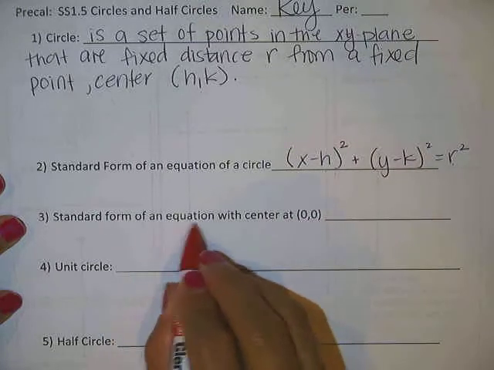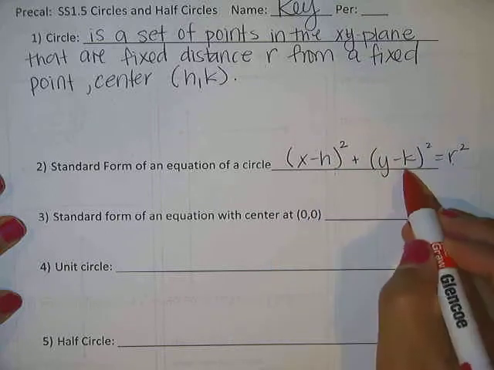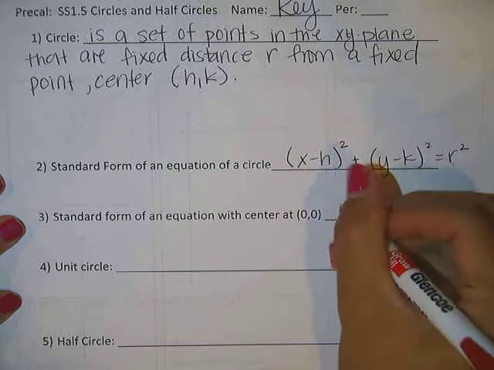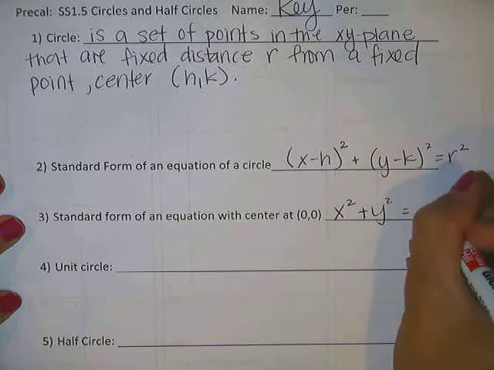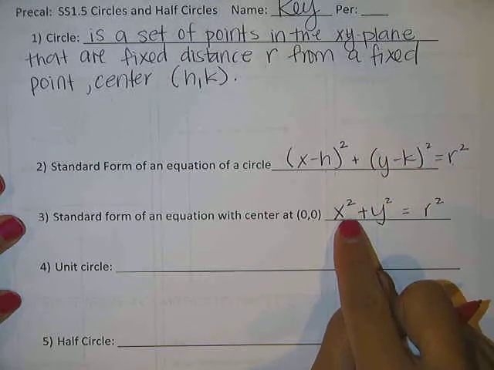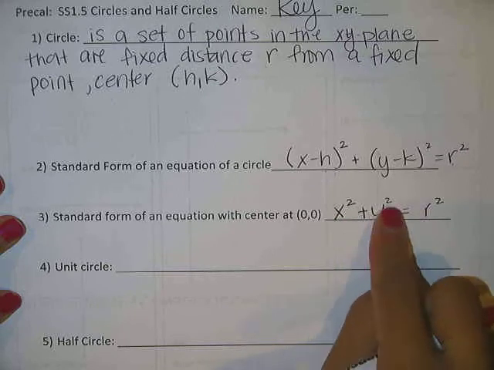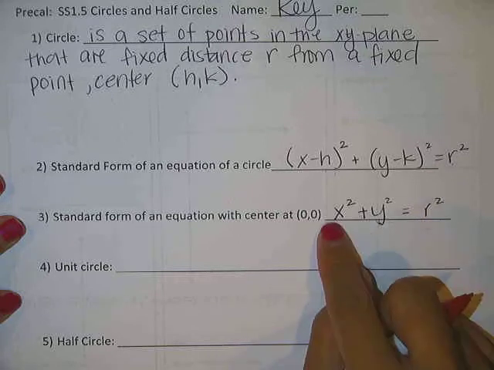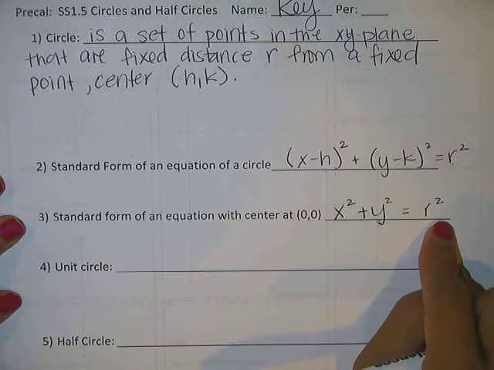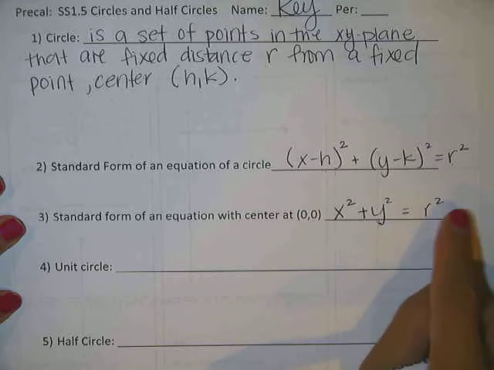Standard form of an equation with the center at 0, 0: if h is 0 and k is 0, then all you have left is x squared plus y squared equals r squared. And in section 2.6, you saw a lot of x squared plus y squared equals 16, which means the radius is 4. X squared plus y squared equals 9 means the radius is 3, because to get the radius, you have to take the square root of this answer.